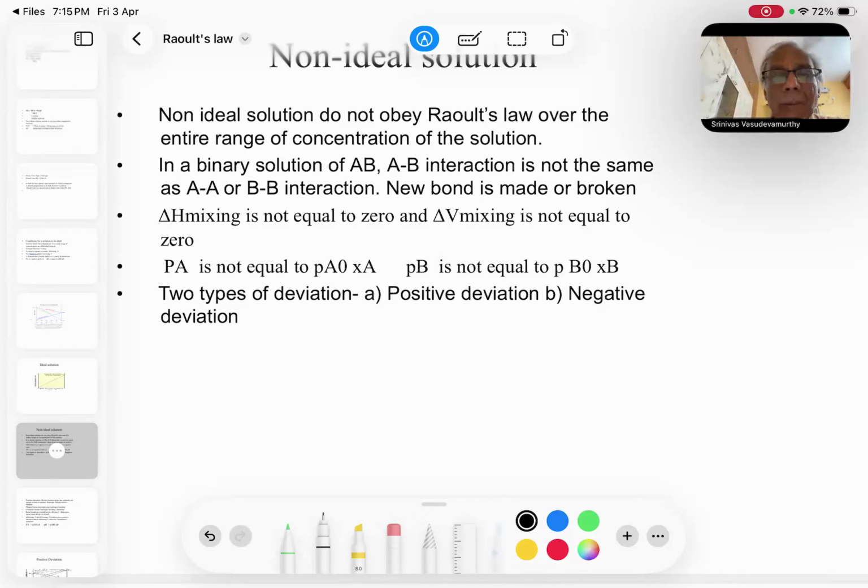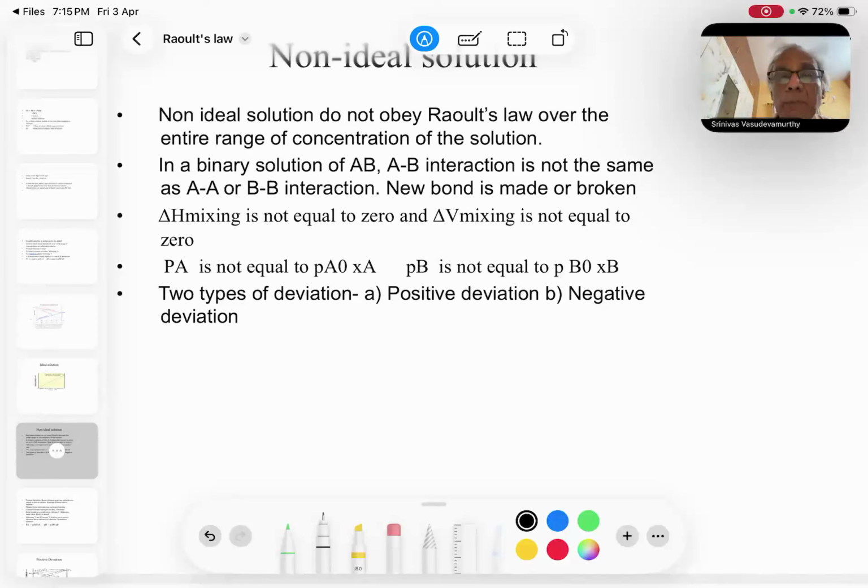Say I'm taking a binary solution of A and B. A is a solvent, B is another solvent, mixed together to give solution AB. AB interaction is not the same as AA or BB interaction. The environment has become different. AB interaction may be more or less than the interaction in solvent A or solvent B. A new bond is made or broken here.